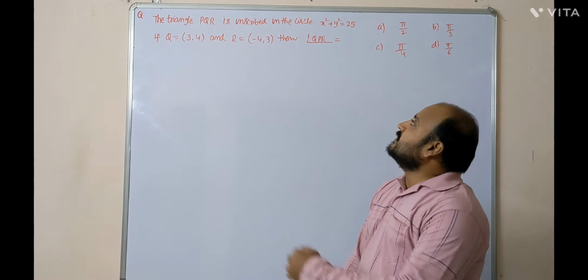Circle. Angle QPR. QR is given. So here QR. Here Q you take it. Q is 3, 4, R is minus 4, 3.